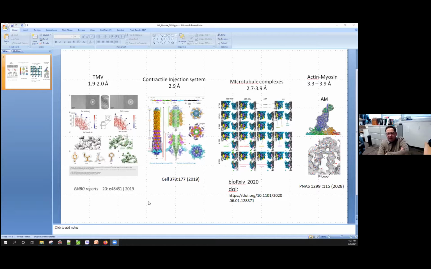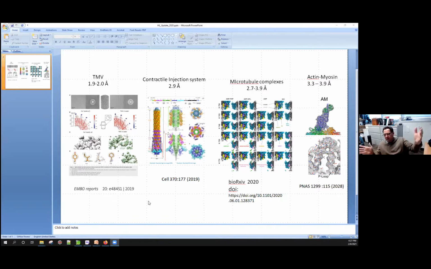So yes, you can resolve in your helical assembly a single alpha helix. If you have a protein that is just a little piece that binds regularly to a filament, you can probably solve that structure at 1-2 angstrom resolution. So the size limit per subunit is a lot lower.